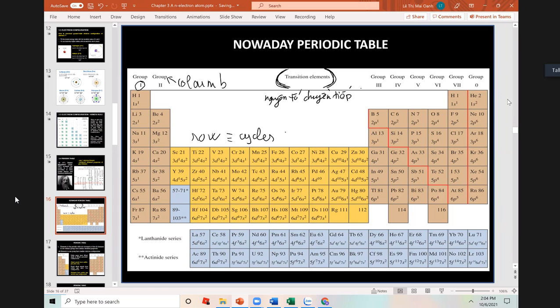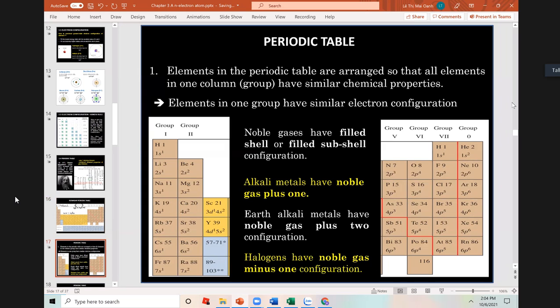The first property of the periodic table: elements in the periodic table are arranged so that elements in one column have similar chemical properties. You need to remember this because we don't have much time.